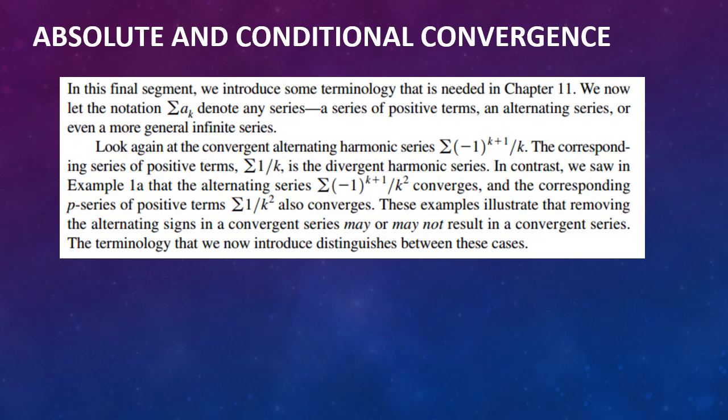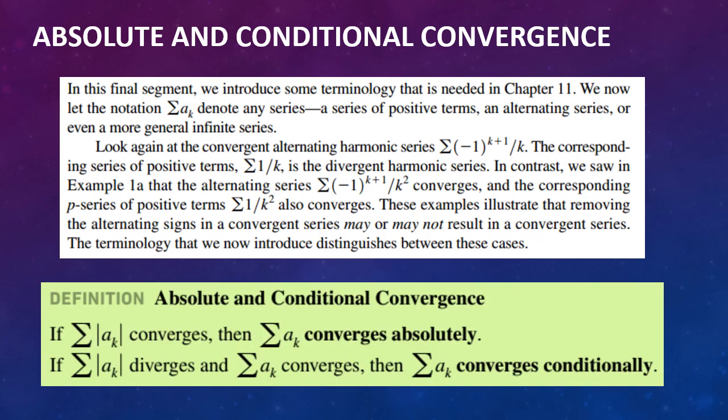In contrast, we saw in example 1a that the alternating series converges, and the corresponding p-series of the positive terms, 1 over k squared, also converges. These examples illustrate that removing the alternating signs in a convergent series may or may not result in a convergent series. The terminology that we now introduce distinguishes between these cases.